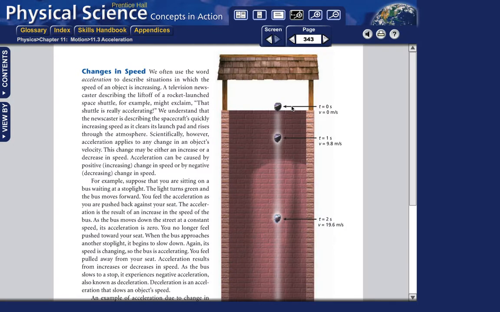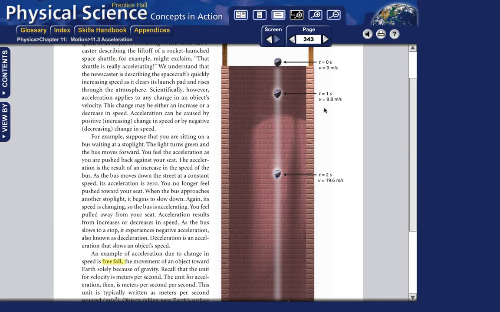This one right here is a rock falling, and this is a free fall. The first second, the rock is going 9.8 meters per second. Speed, not gravity. The second second is 9.8 plus 9.8, and that equals 19.6.